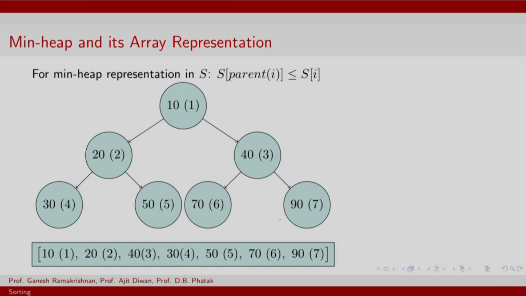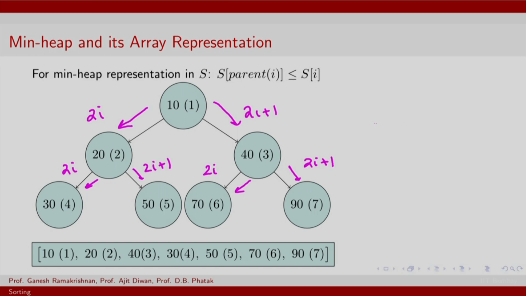But what exactly is the structure here? The children of a node with index i are at positions 2i and 2i plus 1. This is a property that holds for every node, and you can easily verify this in this simple example.